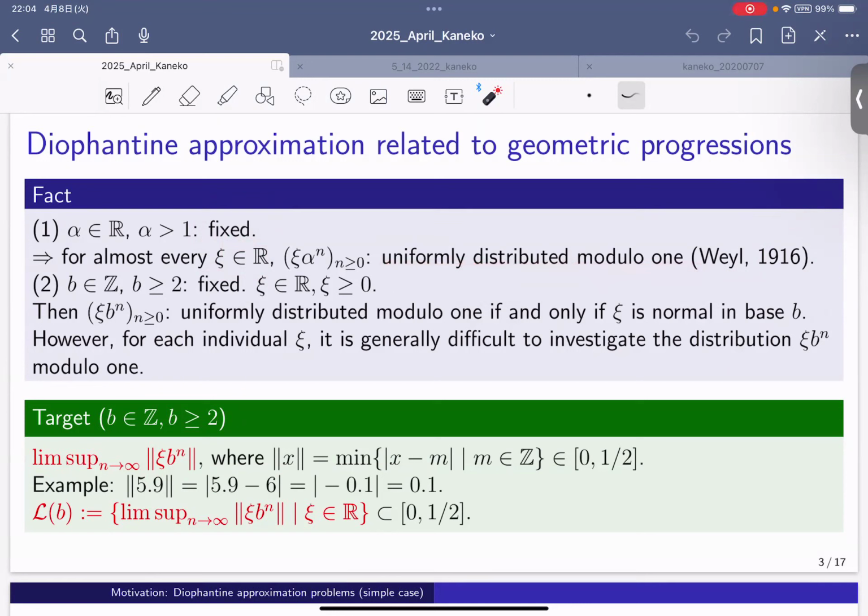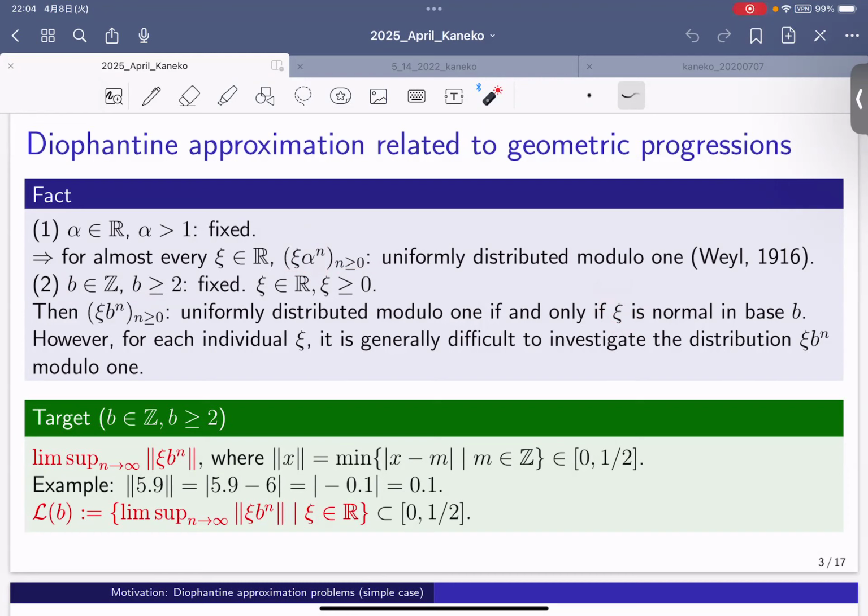I'm sorry, I omit the details of the definition of uniform distribution modulo 1, but it's related to the fractional parts of geometric progressions. In particular, in the case where alpha is an integer b greater than or equal to 2, this sequence is uniformly distributed modulo 1 if and only if xi is a normal number in base b.